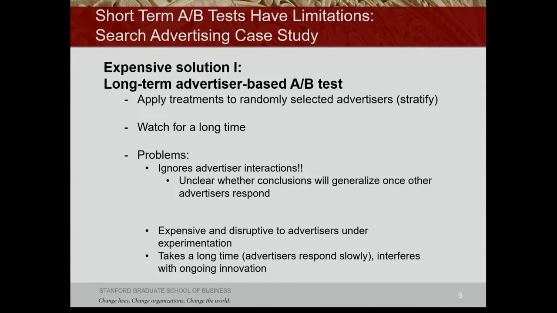So now we can get into the more expensive solutions, and the solutions where there's more active research going on to try to get these to work better. So the first thing we could do is experiment at the advertiser level. I could give some advertisers a price increase and others a price decrease. Now that's actually much harder than you think, because the advertisers are competing in an auction. So with your pricing mechanism, you're not just setting prices for people. There's a marketplace.